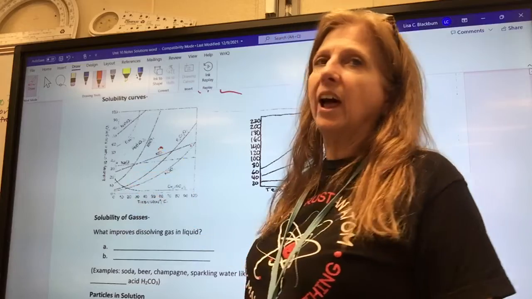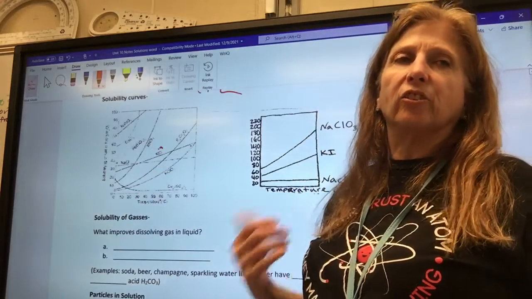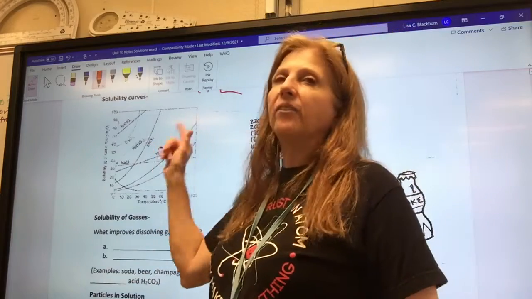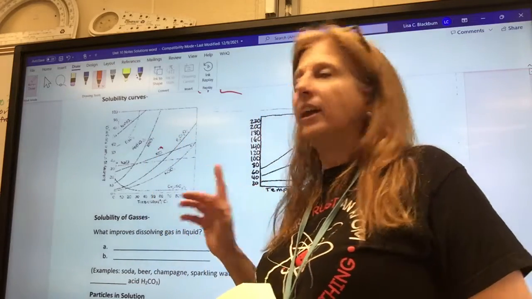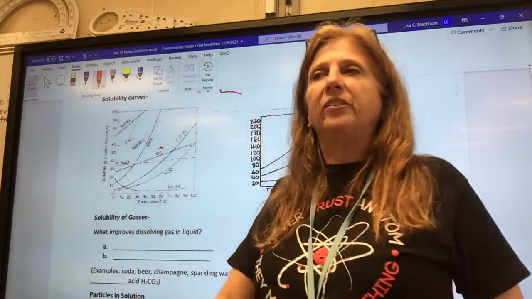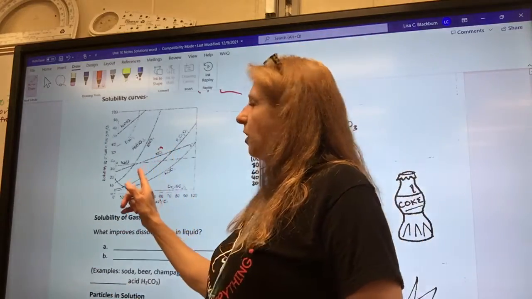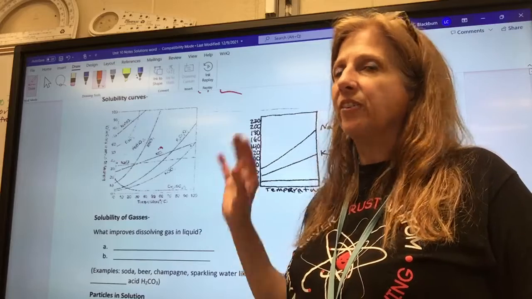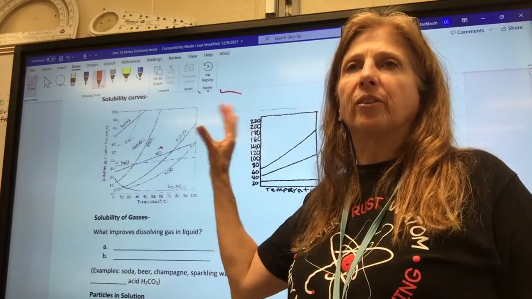It's above the line. So then the question is, is it supersaturated, saturated, or unsaturated? It's above the line, so it's supersaturated. If it was on the line, it'd be saturated, and if it's below the line, it's unsaturated. Does that make sense? That's all the questions that you will have on this graph.